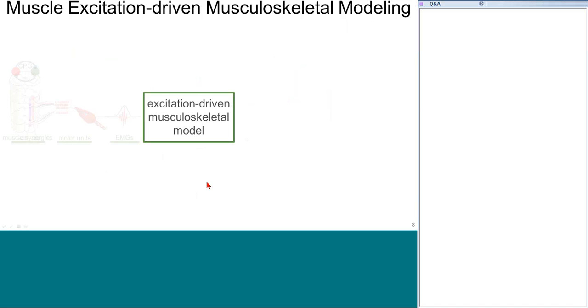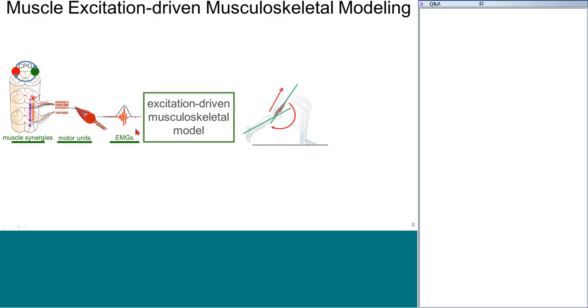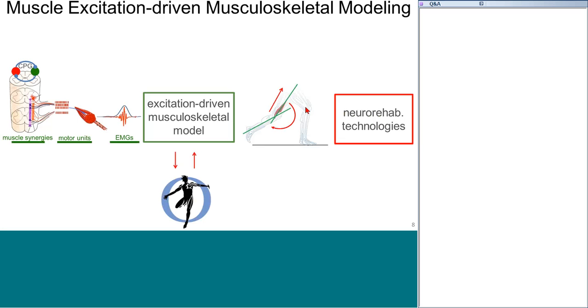I will show how we can use estimates of neural excitations recorded at different levels in the neuromuscular pathway and use this to predict the resulting functions in the musculoskeletal system. I will then show how this can be used to implement effective solutions in the field of neurorehabilitation technologies. And then Claudio at the end will show how our model can be used from OpenSim.